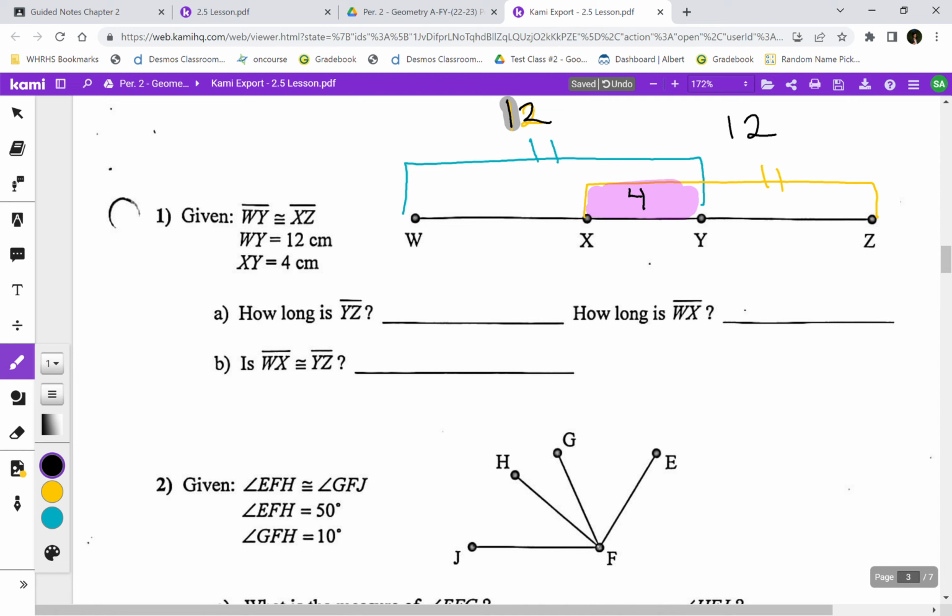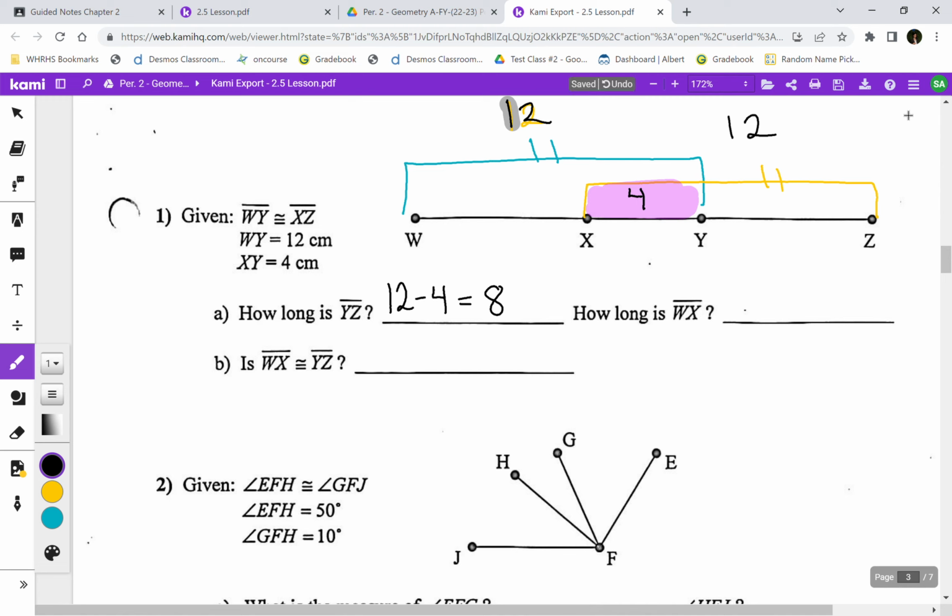So how long is YZ? Someone tell me, how would I find the length of YZ? 12 minus 4. You got it. It would be 12 minus 4, which is 8. And then how long is WX?